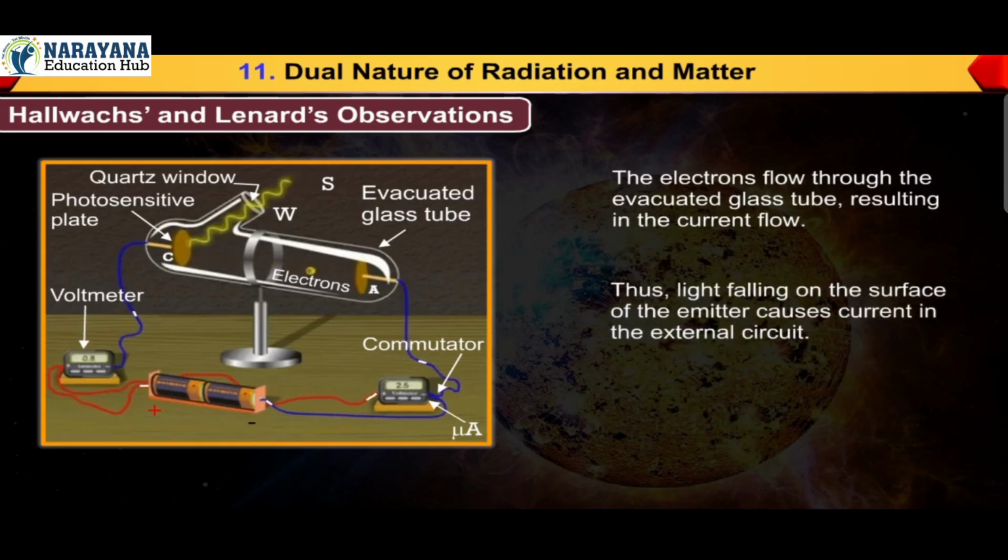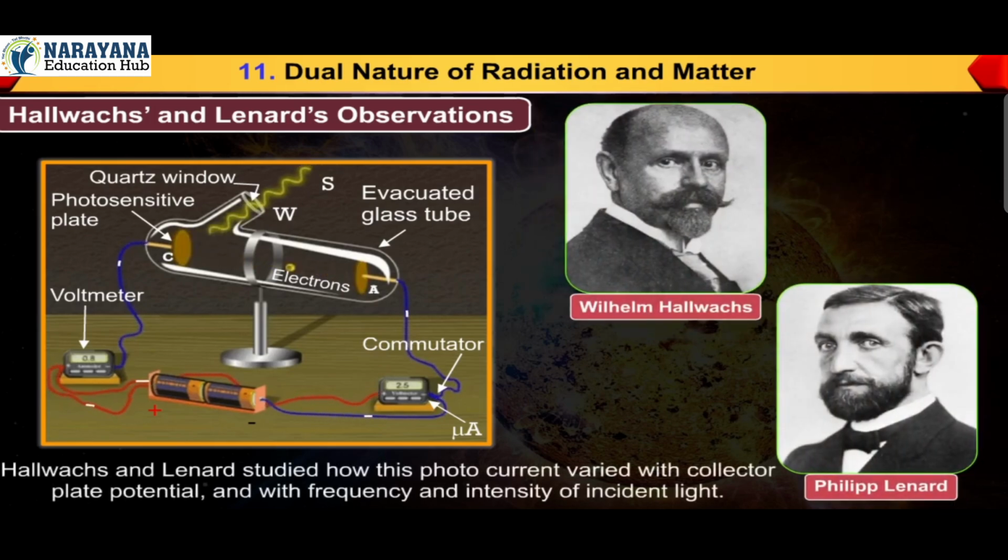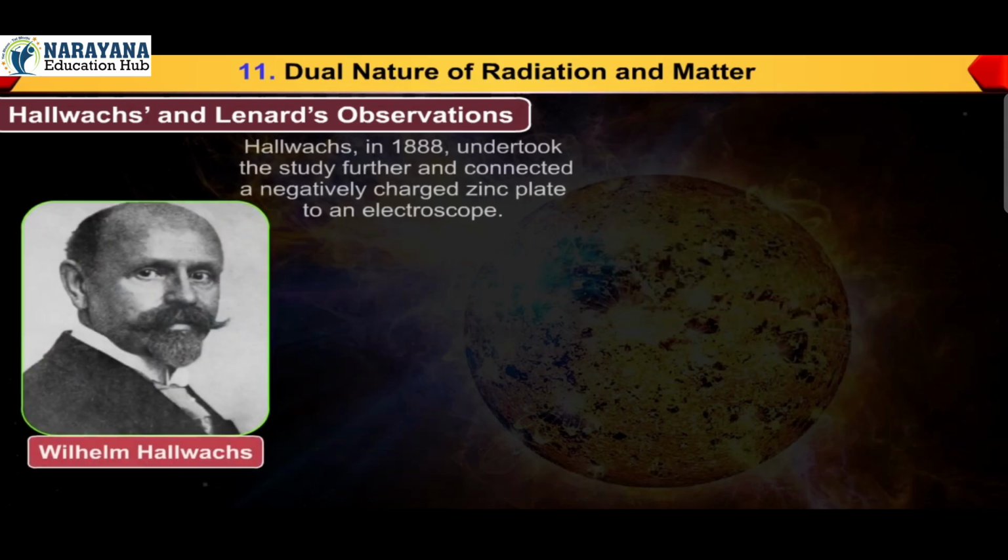Thus, light falling on the surface of the emitter causes current in the external circuit. Hallwachs and Lenard studied how this photocurrent varied with collector plate potential and with frequency and intensity of incident light.